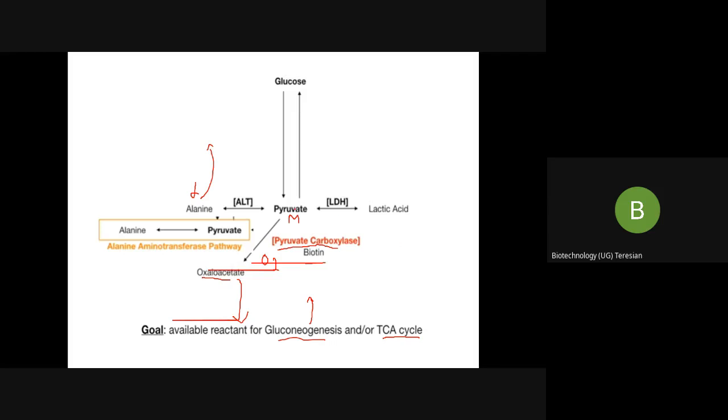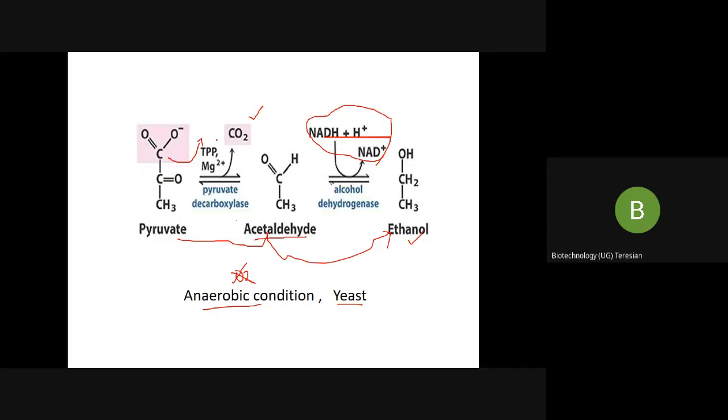And then you can see here the pyruvate will also get converted into lactic acid or lactate. This is also a reversible reaction. You can see here the pyruvate has a carboxyl group. This carboxyl group is removed as carbon dioxide by pyruvate decarboxylase. Then it gets converted into acetaldehyde. TPP and magnesium, that is thiamine pyrophosphate and magnesium, are the cofactors.